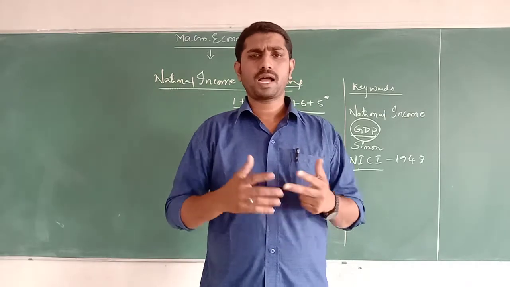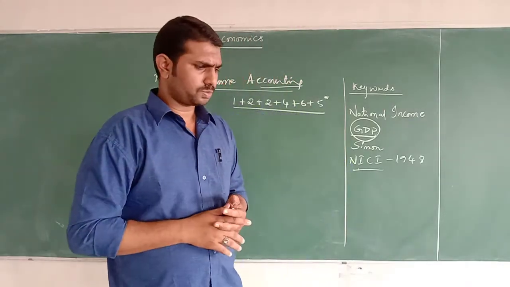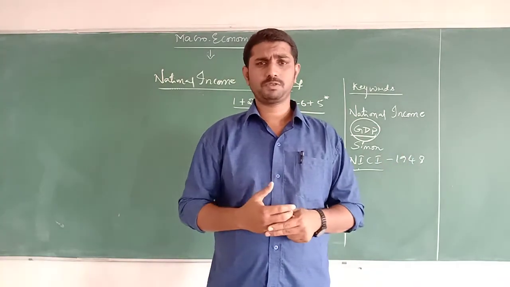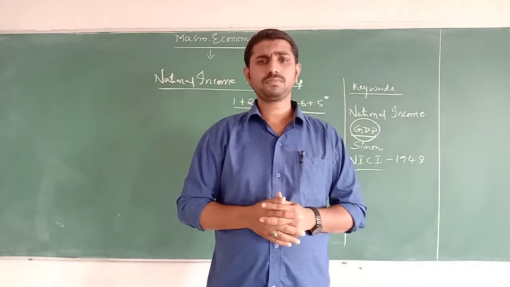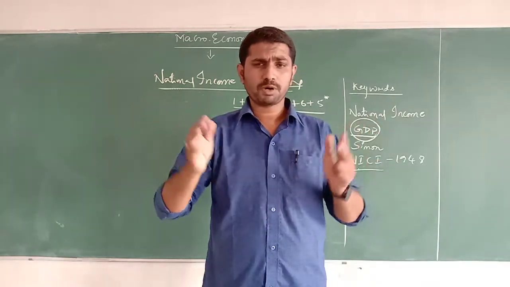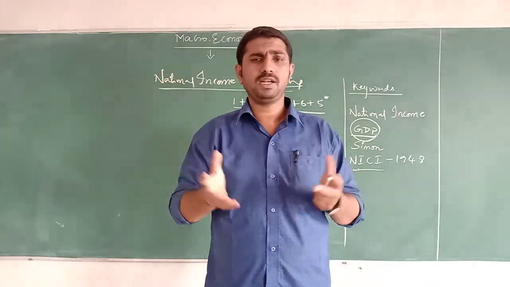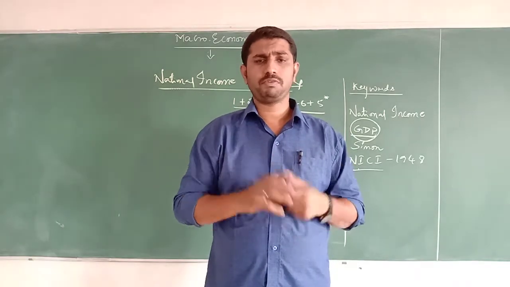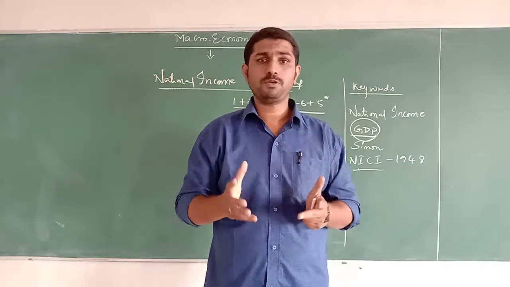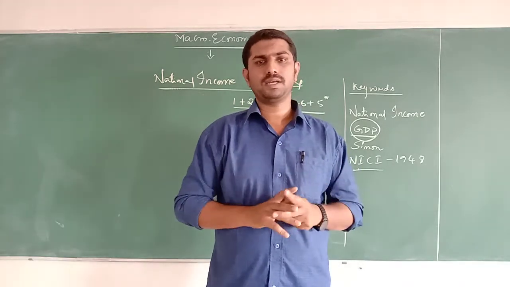But here, accounting refers to whatever final goods and services have been produced in a country, and the monetary value of all of them, counted in a year without any duplication. The entire process of valuing it is called national income.